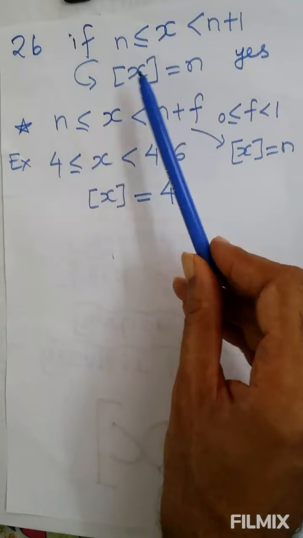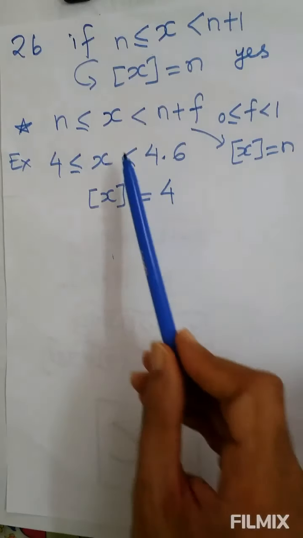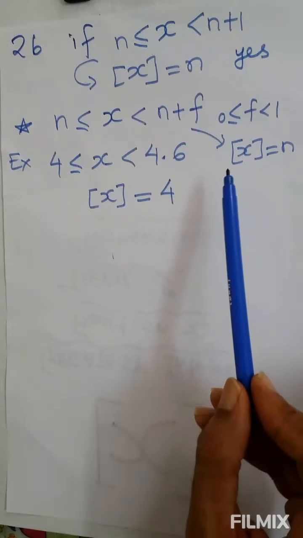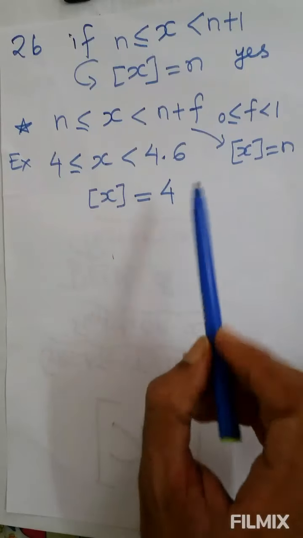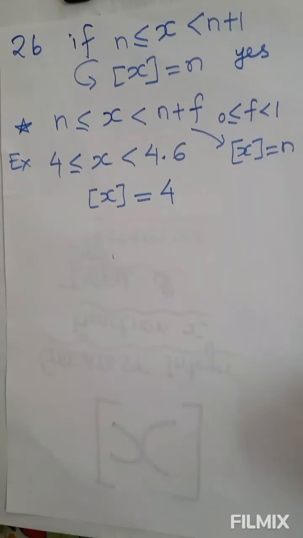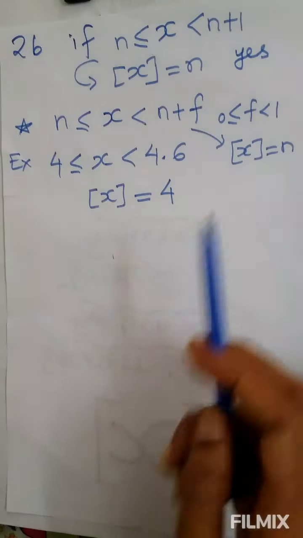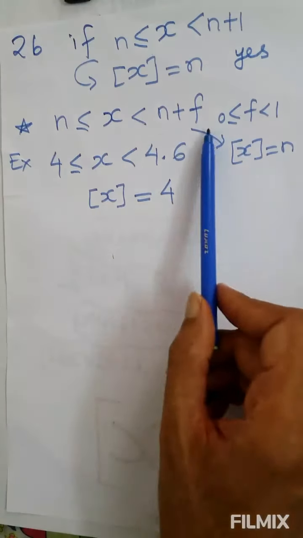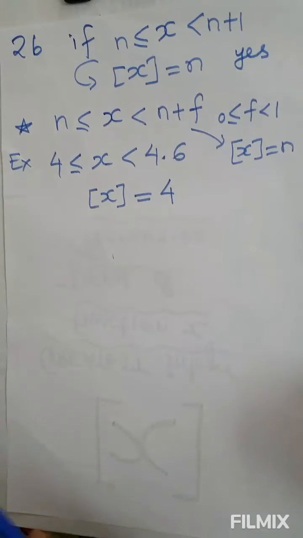So it's not necessary that it covers from n to n plus 1; from n to n plus some fraction between 0 and 1, it is also valid. Generally we won't consider f equal to 0, because it would be meaningless. So this is a rule.